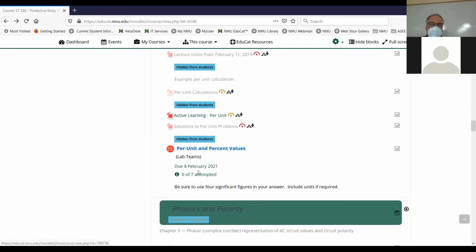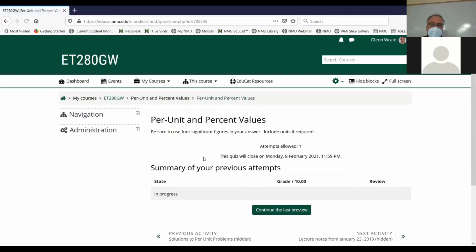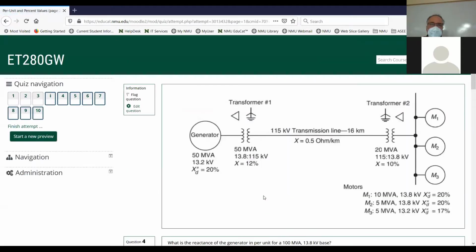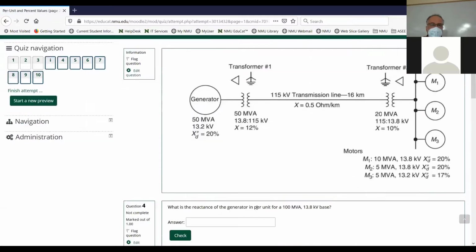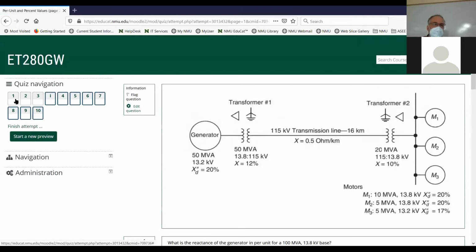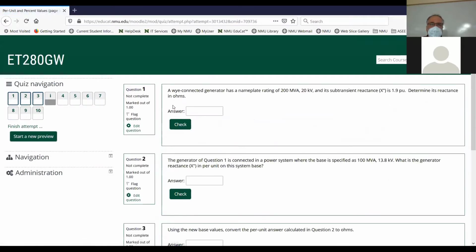So on February 8th, I've got another assignment for you. It's visible now. And it's very similar to the problem that we just did. Okay. So I've got questions 1, 2, 3. Y connected generator.